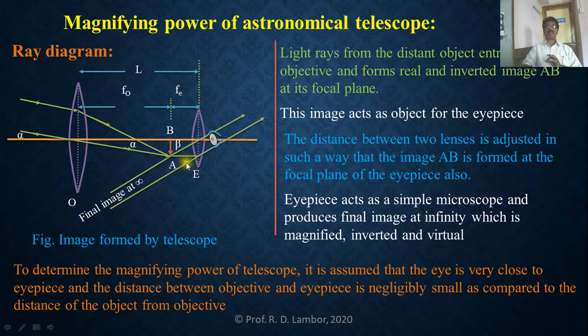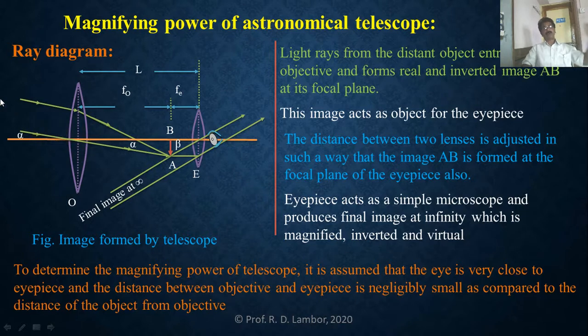And second, the distance between objective and eyepiece is negligibly small as compared to the distance of the object from the objective. We know that the object is practically at infinity.